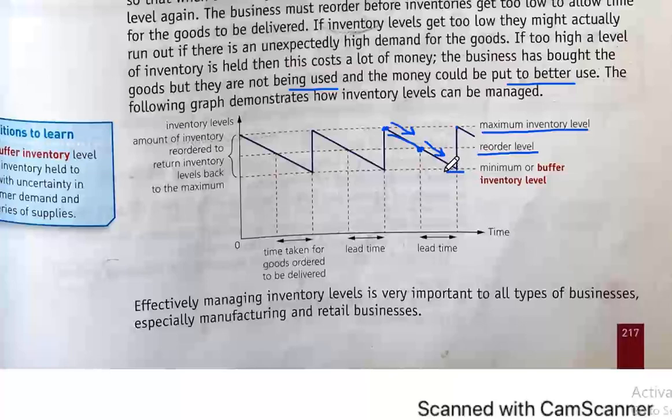Then I reach a minimum level, or buffer level, of inventory. So when I ordered over here at the reorder level, look here, we have something called lead time. Meanwhile, while I ordered, let's say, raw material from the supplier, I'm still using inventory during this time, from the reorder level to the business reaching the minimum level.